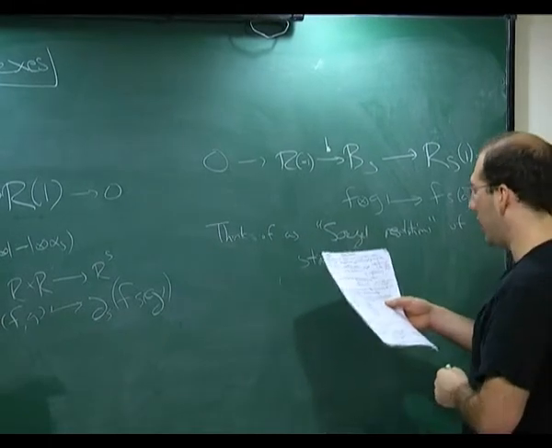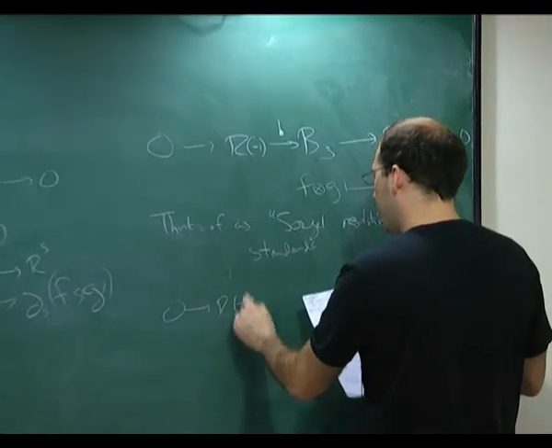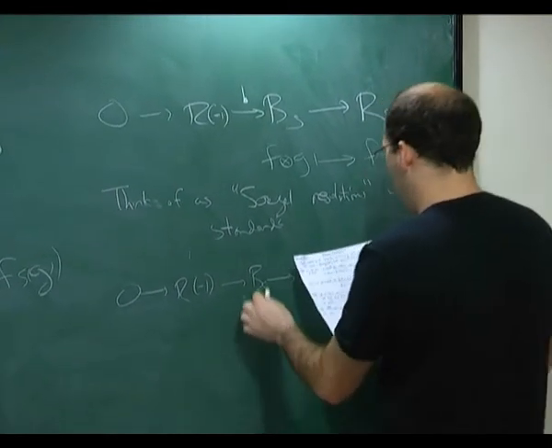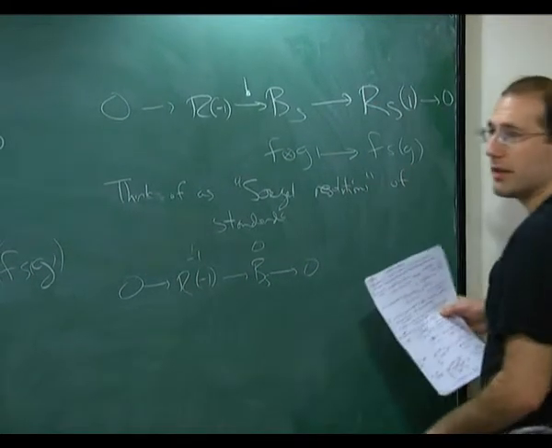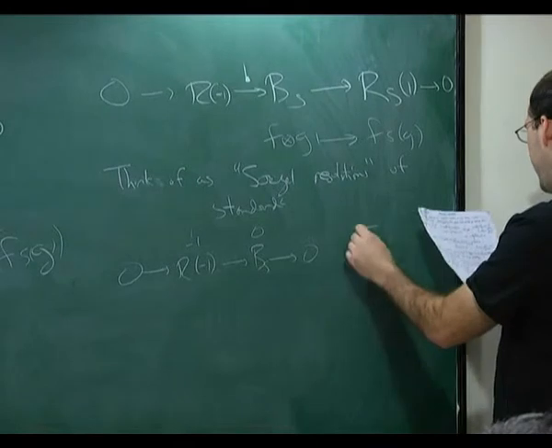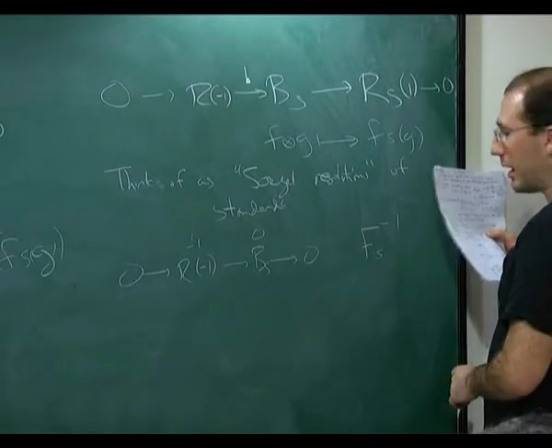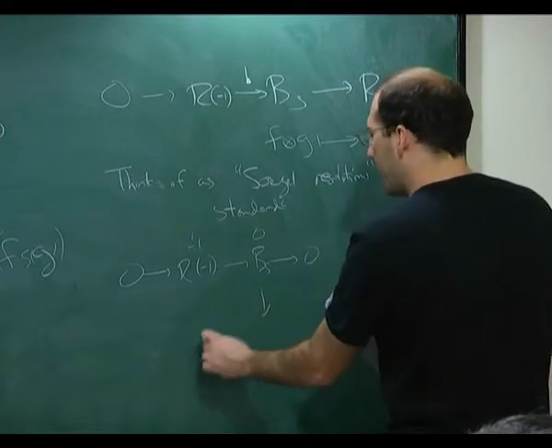So I'm going to call this complex, where this guy is in homological degree 0, and this guy is in degree -1, Fs inverse. It's a complex of Soergel bimodules. And it has a map to this complex here.